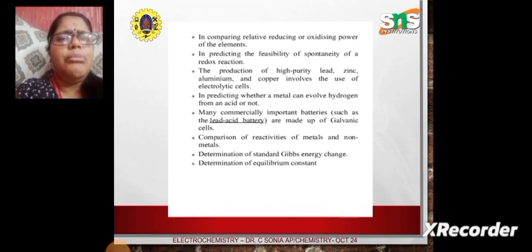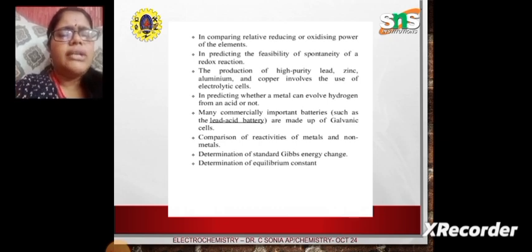So this is an important application to give pure elements like lead, zinc, aluminum and copper, and predicting whether a metal can evolve oxygen from an acid or not. Many commercially important batteries such as the lead acid battery are made up of galvanic cells.